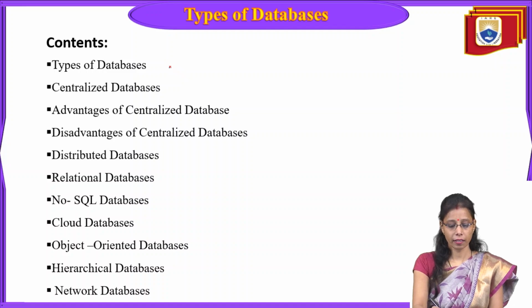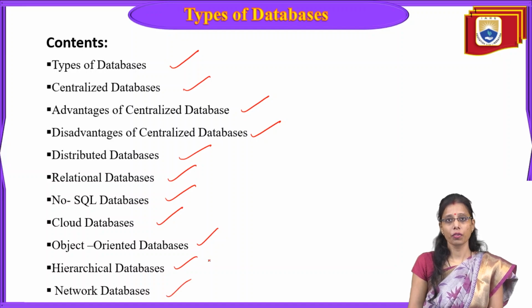We have types of databases, centralized databases, advantages of centralized database, disadvantages of centralized database, distributed database, relational databases, NoSQL database, cloud database, object-oriented databases, hierarchical database, and network database. These databases help the data to be stored, and later whenever retrieval is required, whenever a query is given, it will give the results.